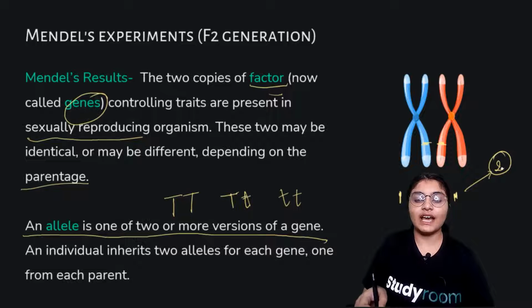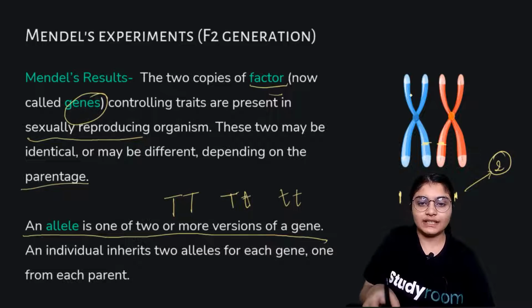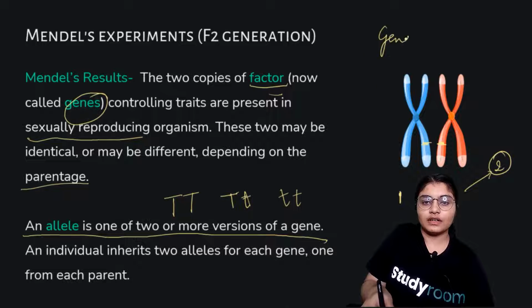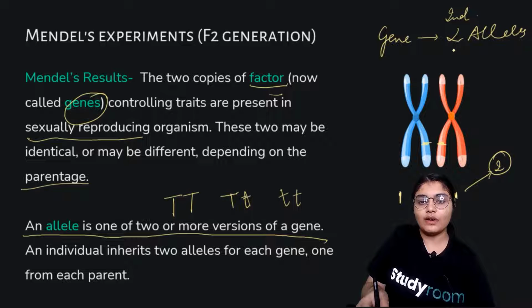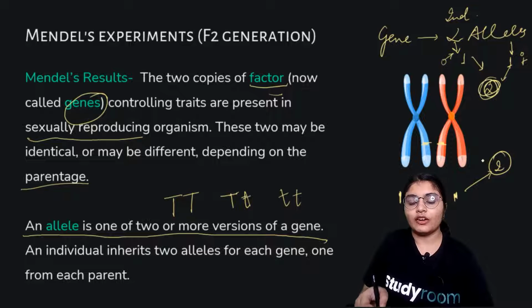So in an individual a gene consists of two alleles. One of these is inherited from the father, and one is inherited from the mother, and thus they combine to give two alleles in the offspring.